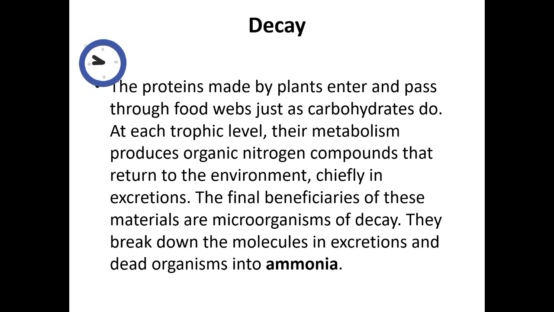At each trophic level, their metabolism products, the organic nitrogen compounds, are released in the form of excretory substances like urine. The final beneficiaries of these materials are the microorganisms of decay, and they convert this nitrogen from the excretion and the dead organisms into the form of ammonia.